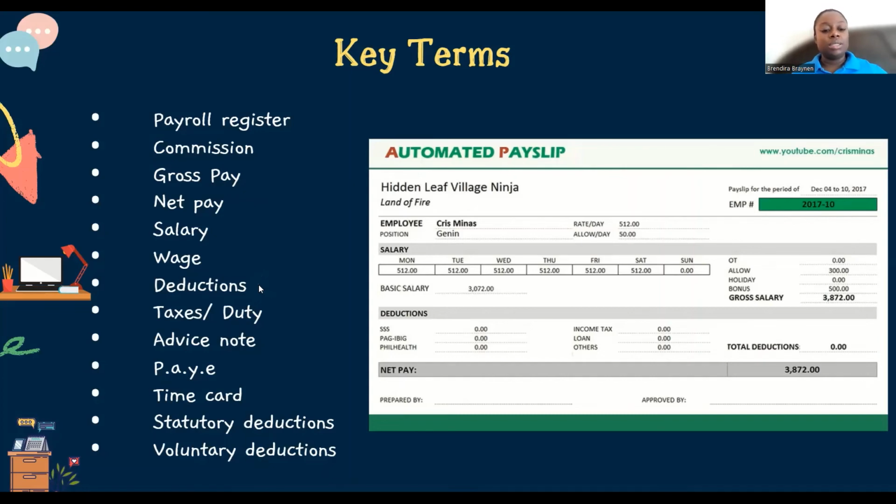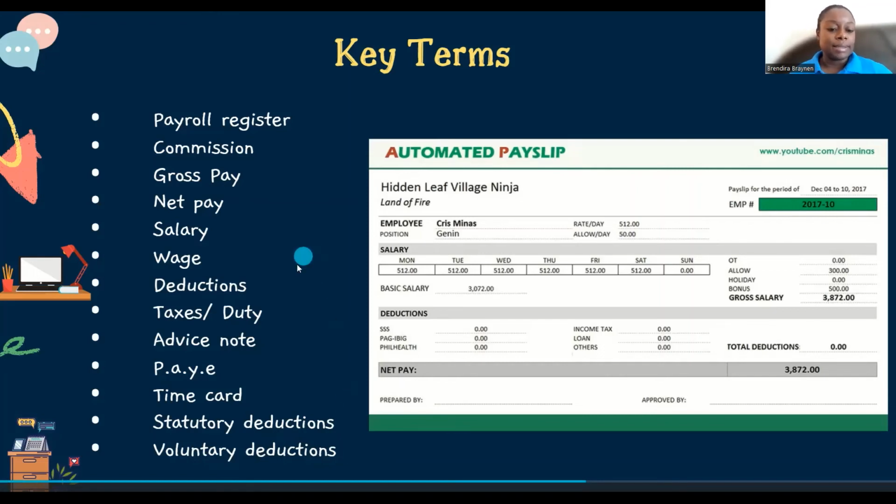Those are deductions, which can either be statutory, mandatory by law, which in our case is national insurance, or voluntary. Voluntary deductions tend to be things like your bank loan payments, because you're not required by law to pay those bank loans, only upon your request.